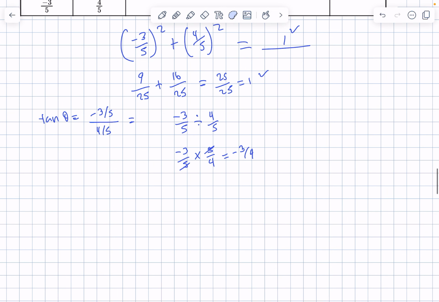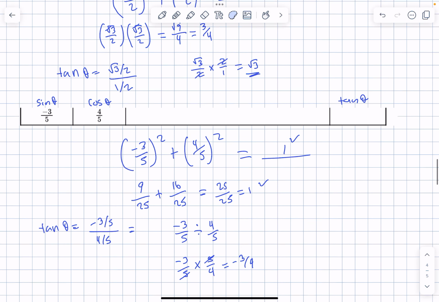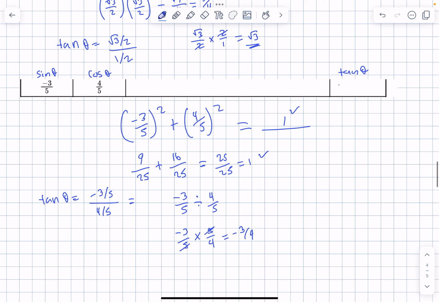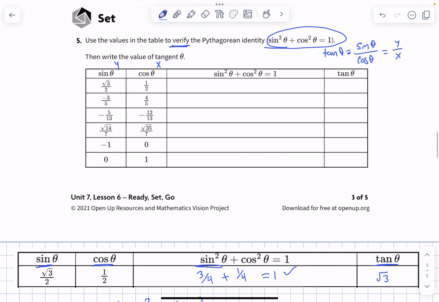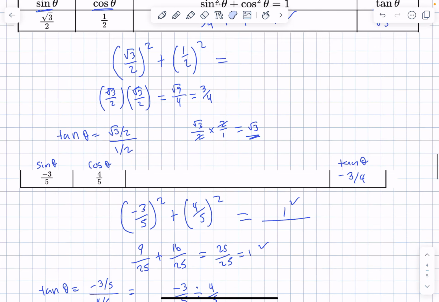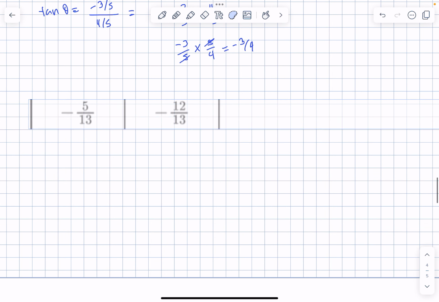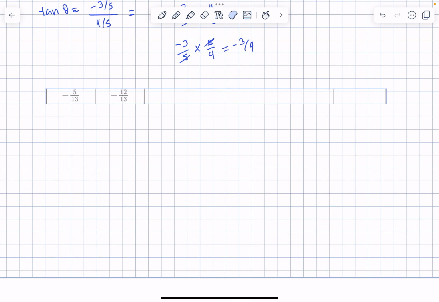Very nice. I'll write it here, negative 3/4. Good. What about C?